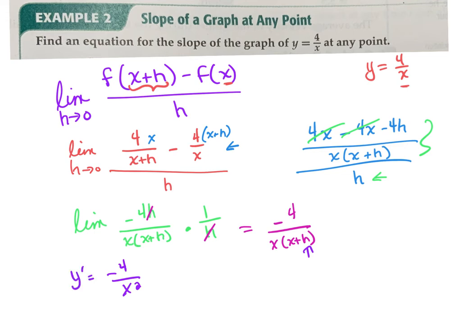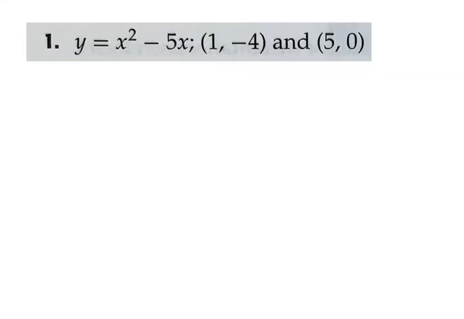Meaning now I can say, what is the slope of the tangent at the point x equals 1? I can plug in a 1. It's going to be negative 4. Well, what is it when I'm at 2? Oh, well, it's negative 4 over 2 squared. It's negative 1, right? So now I can choose any point on my graph and give you the slope of the tangent line at that specific point, okay? Instead of doing it for this point, and then for this point, and then for this point, and then for this point. Make sense?